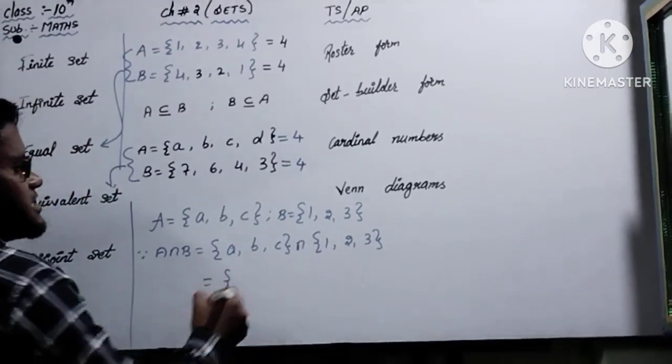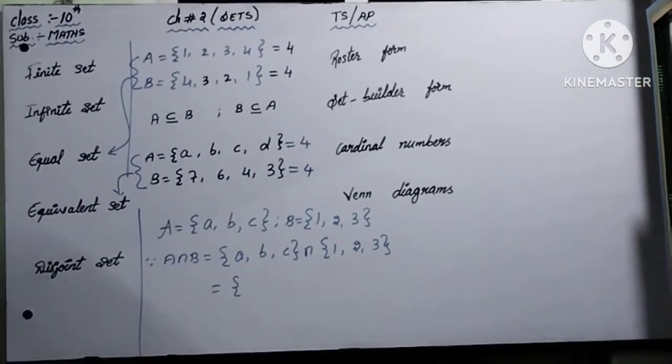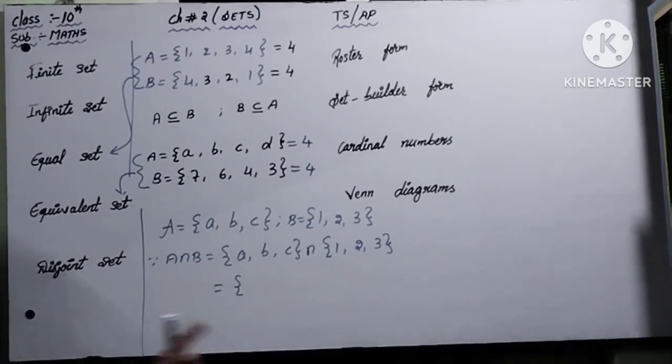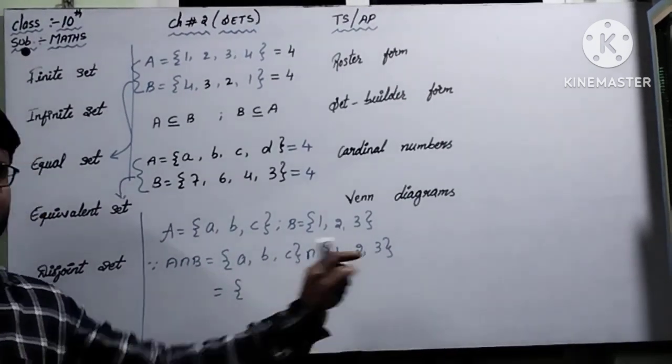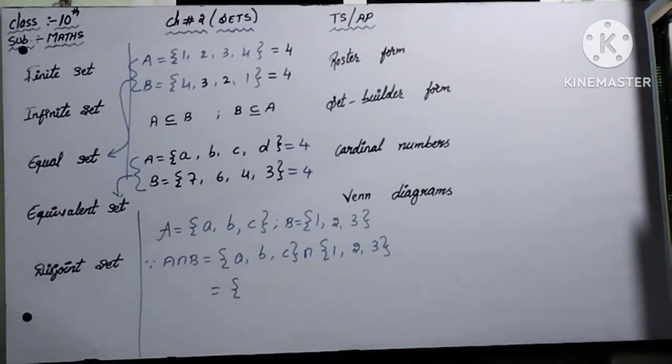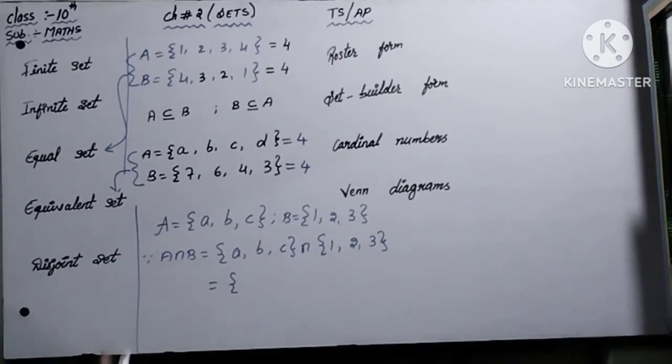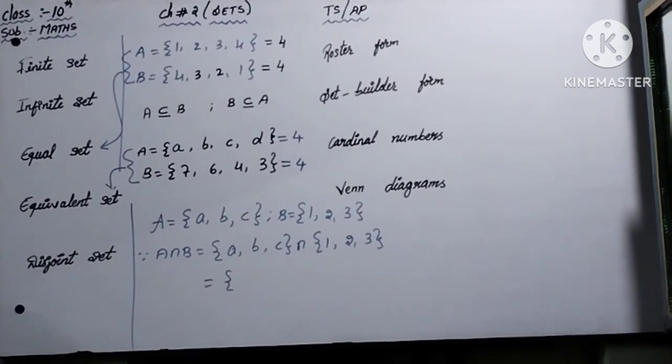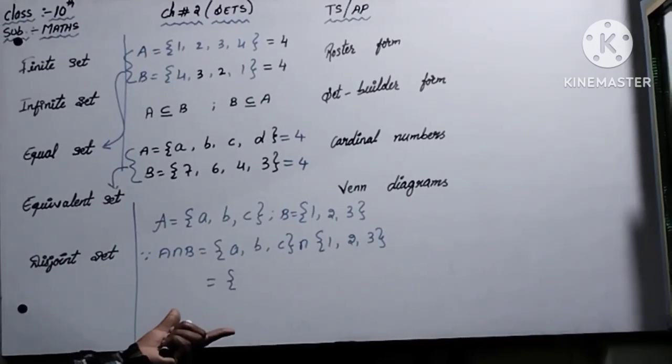Intersection means common elements. What are the common elements between these two sets? Not having common elements.